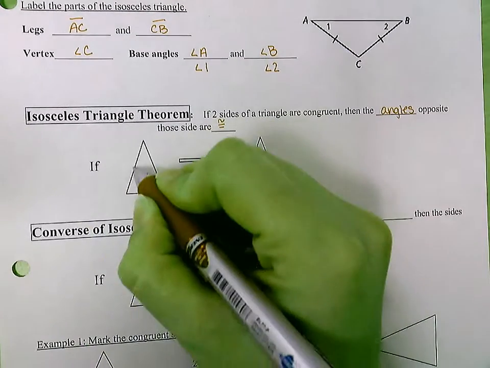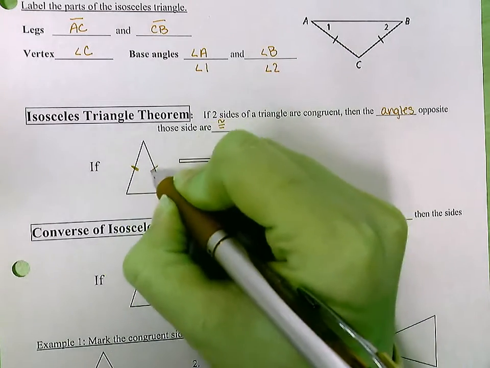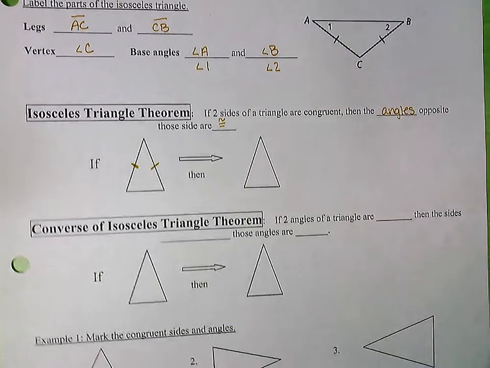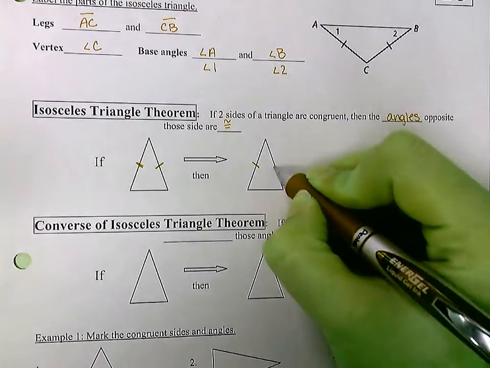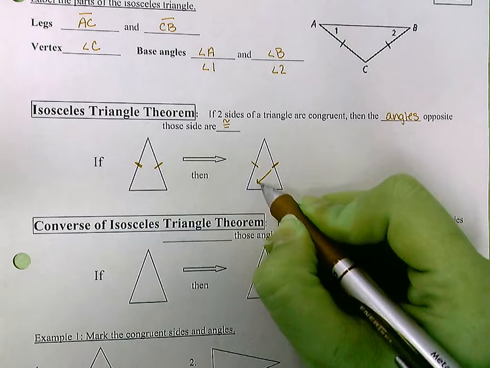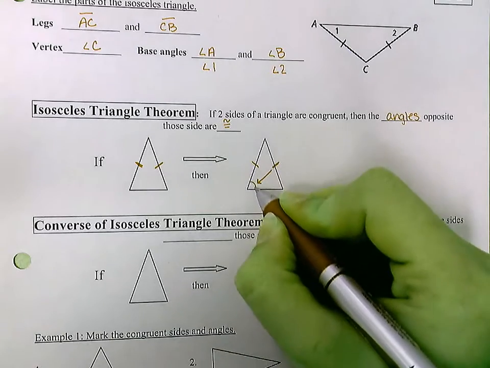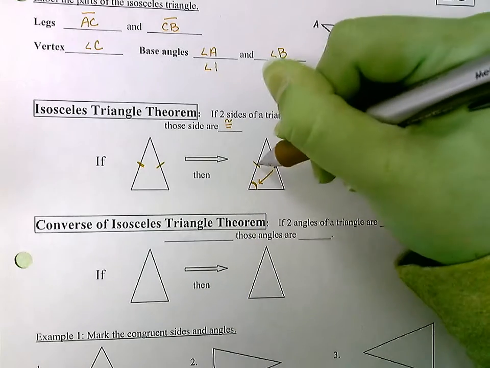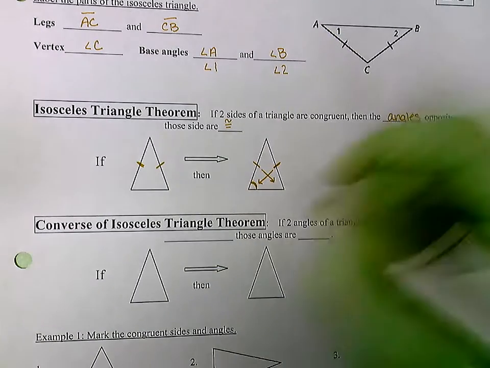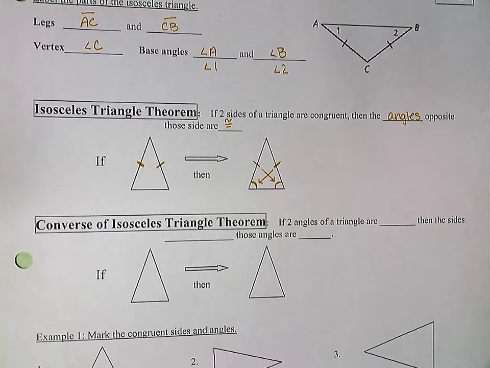If I know two sides of this triangle are congruent to each other, and I label them congruent, then the angles opposite those sides, this one and this one, are congruent as well. So if you know those two sides are congruent, your base angles are congruent.